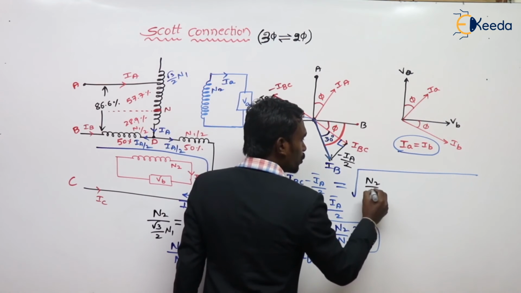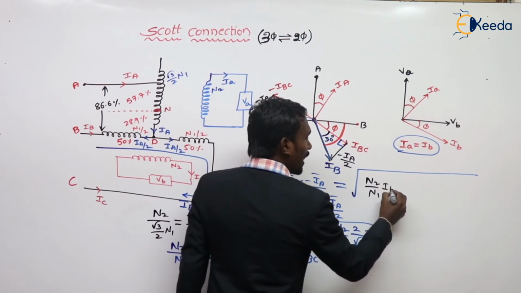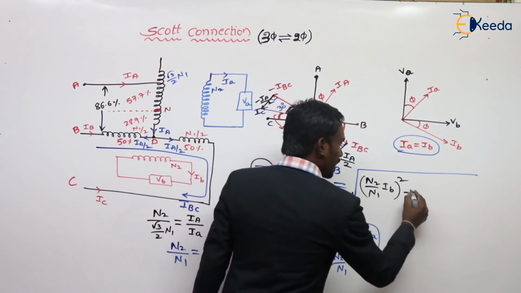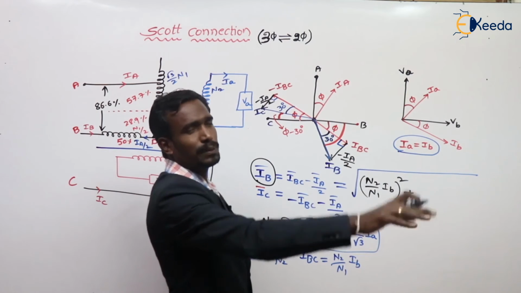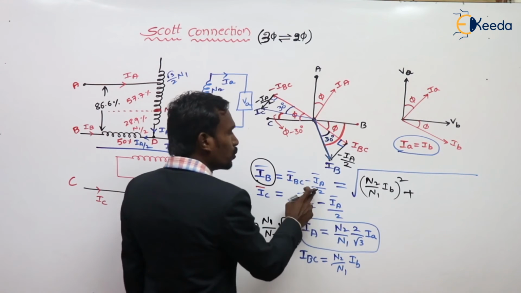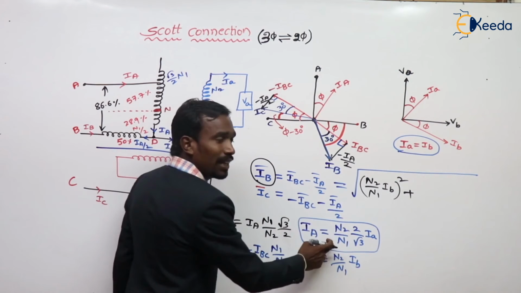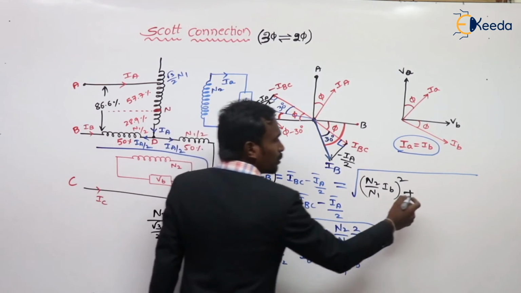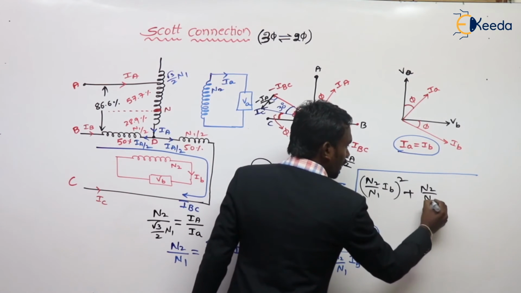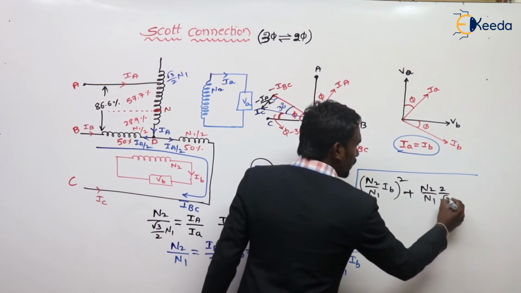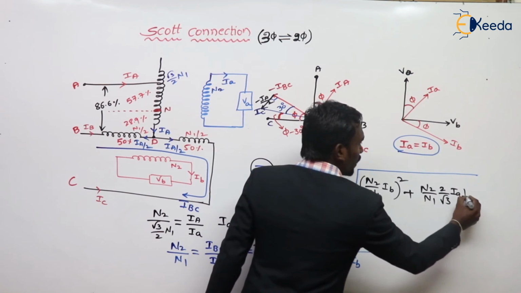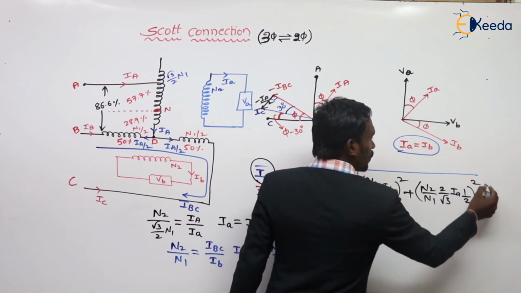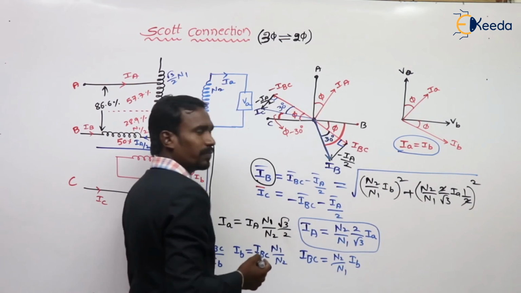So N2 by N1 into IB whole square plus, even though it is minus, in vector sum it is plus, IA by 2 whole square. IA by 2 is N2 by N1 and 2 by root 3 and IA and 1 by 2, whole square, and the 2 gets cancelled.